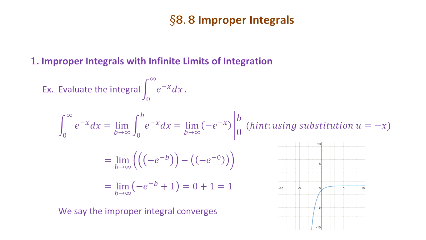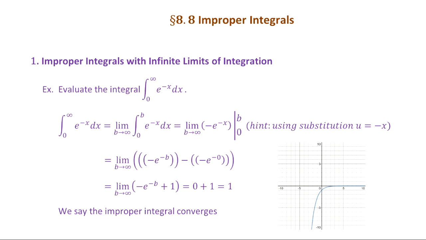As b approaches infinity, or x approaches infinity, the function itself approaches 0, right? The function value of the curve approaches 0. So the limit is 0 for the first term, and then you get 0 plus 1. So the final answer is 1.